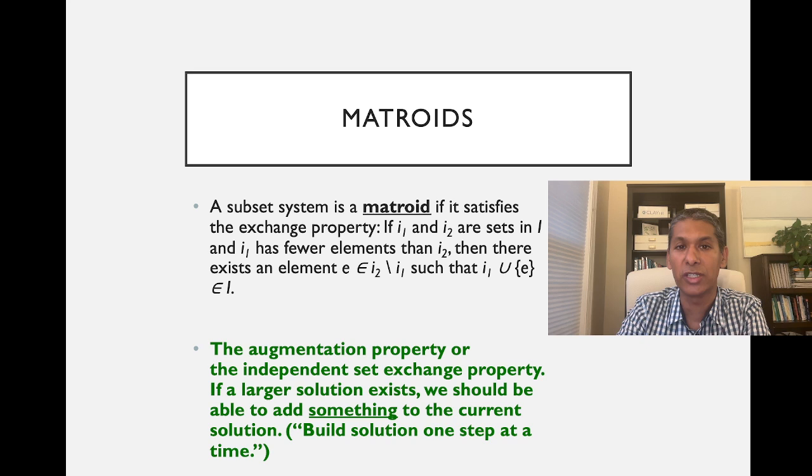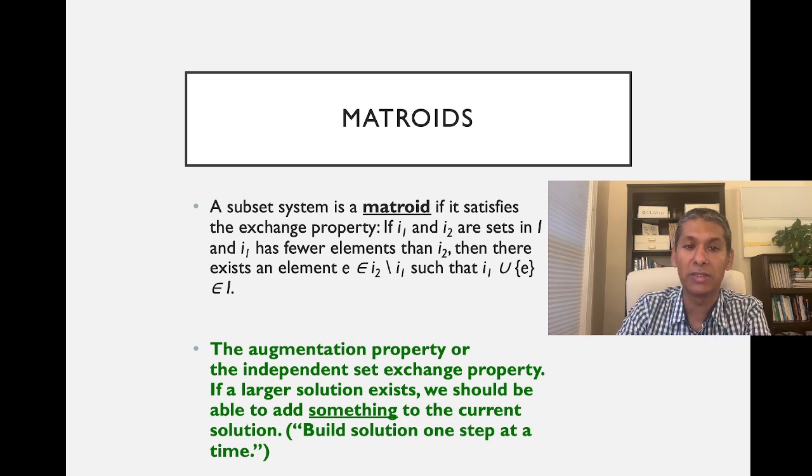The exchange property essentially means that if you have two sets in I, say I1 and I2, and I1 has fewer elements than I2, then there should be some element in I2 that doesn't already exist in I1, that we can add to I1 such that I1 still remains an independent set.